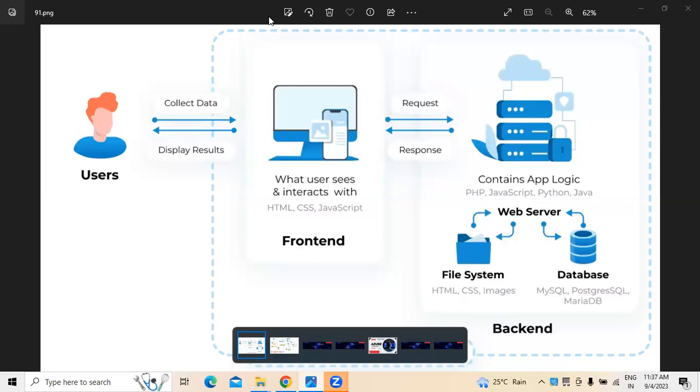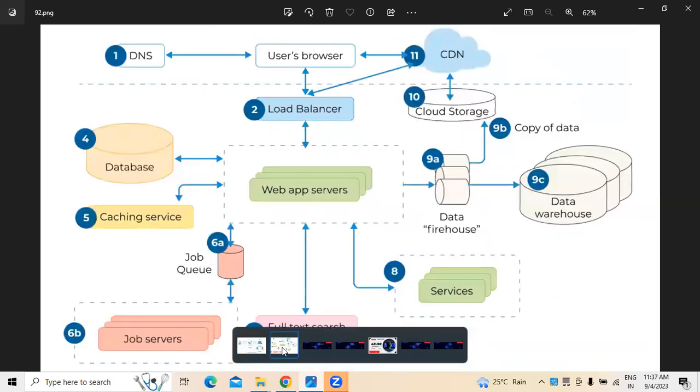Now, when we are trying to understand the web application architecture components, in the architecture diagram we see the scheme of user-server processes, which can explain the essence of web application architecture.